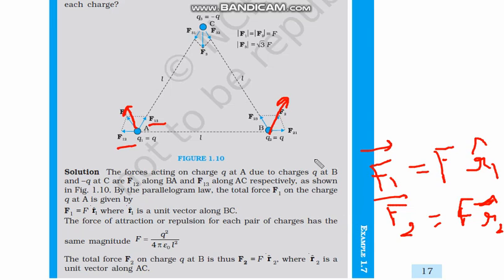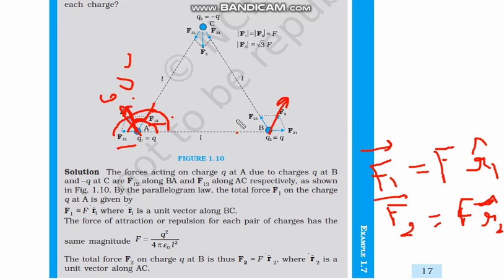So now let us understand this important thing. See, this whole angle is 180 degree, this is 60 degree, this is 60, and this is 120. This one is 120, this one is 60, this one is 120, and this whole is 180 degree. So now half of this 120 is 60 degree. So this angle is 60 degree from this.